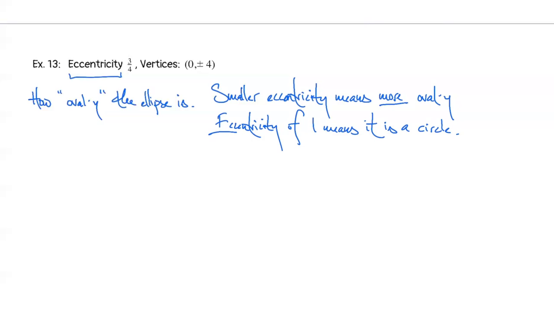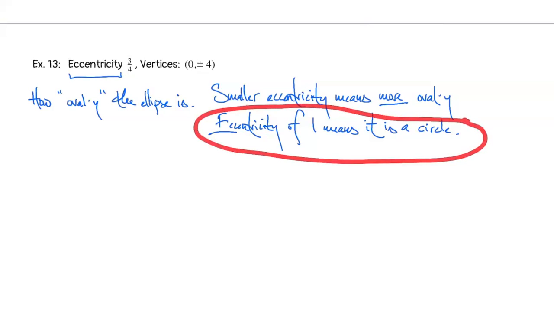Okay, but smaller eccentricities are gonna mean more ovally in one direction, and bigger ones are also gonna be more ovally, but in the other direction. Okay, I'm not so concerned about that as I think it's interesting to know that the eccentricity of 1 means that we're going to have a circle. Okay.